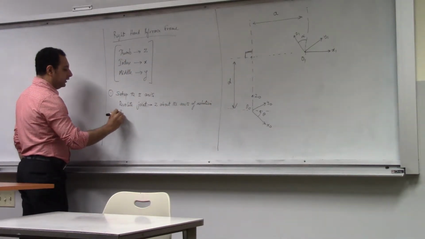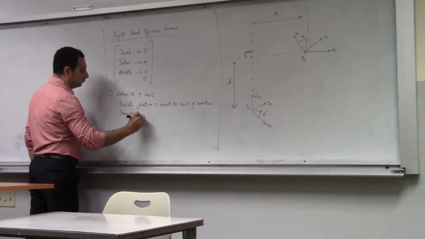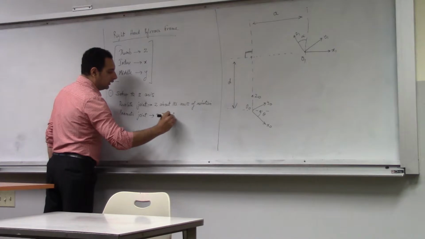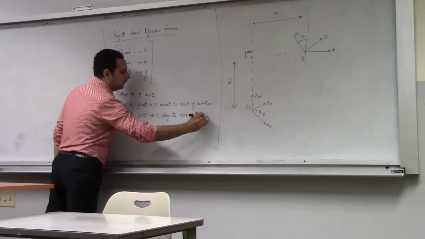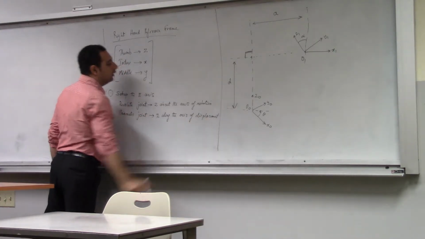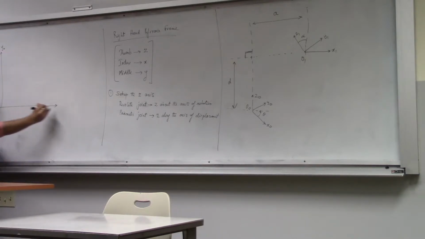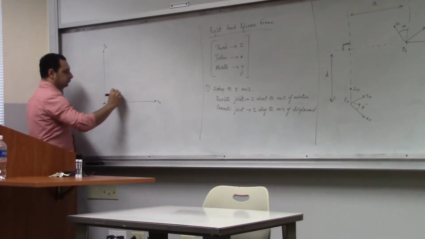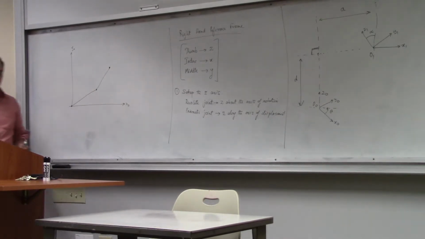And if it's a prismatic link, Z is along the axis of the link. Okay, so let me give you an example. We'll just take a revolute case first, and then we'll move on to more complex examples. Let's say I have a 2-degree of freedom manipulator planar.